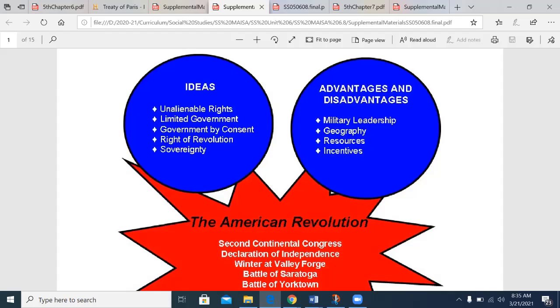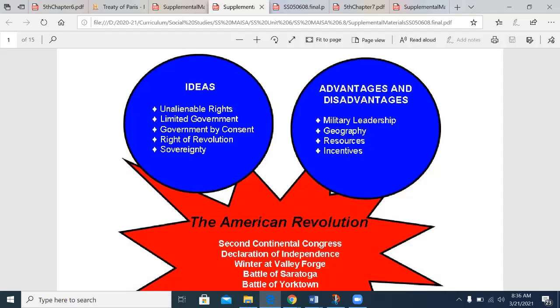Something along the lines of having an empire that stretches around the globe. Geography tended to favor the Americans, especially once they realized that if you didn't just line up and walk in straight lines to get shot, the British were going to struggle with having to chase the Americans through the woods, especially if you think of Nathaniel Greene and his hit and run style here.